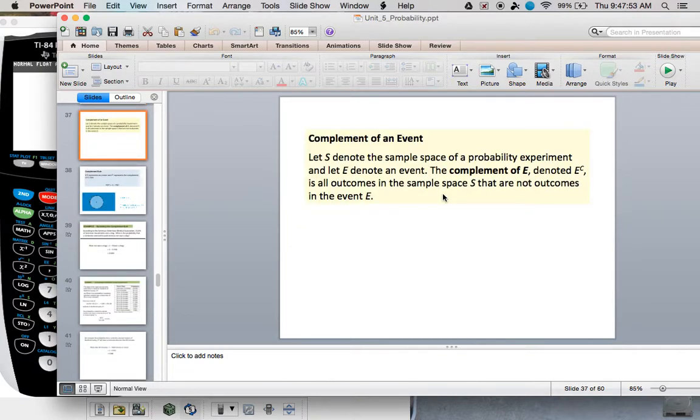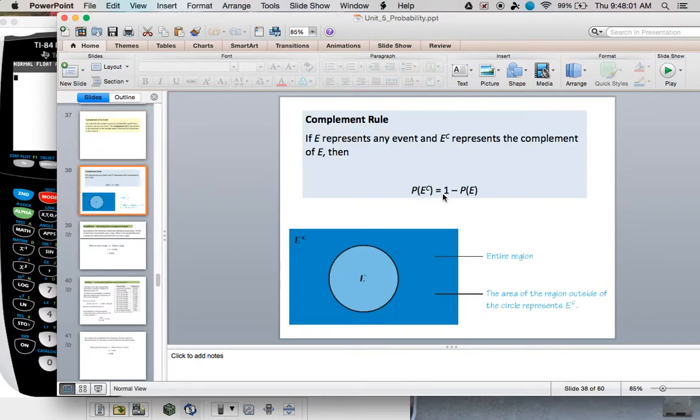The complement talks about everything not in the set. So the complement of even numbers would be odd numbers. And we know the sum of all probabilities is 1, so 1 minus that probability will give you the complement. So if this set is E, the complement would be everything outside the circle, and that little superscript, remember subscript is below, superscript would be little c.